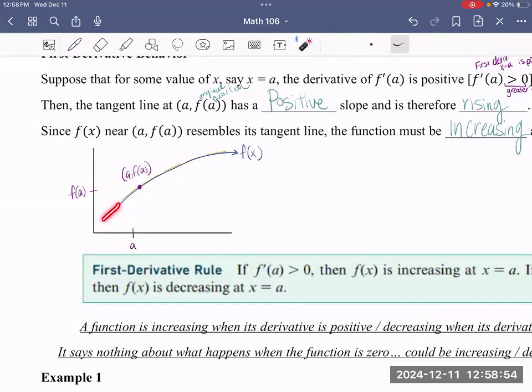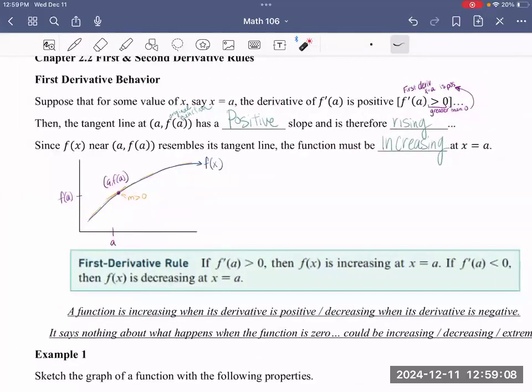So at these particular tangent points, if the slope of the tangent line is greater than 0, therefore it is rising. Your function is increasing. And we could do the reverse as well.